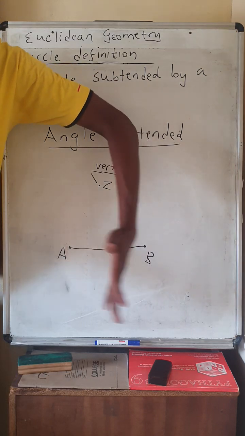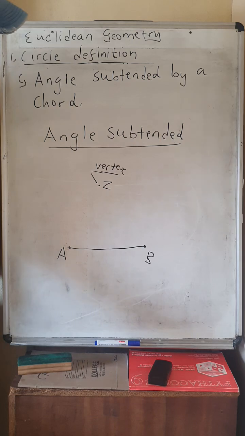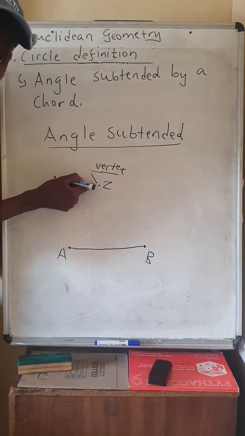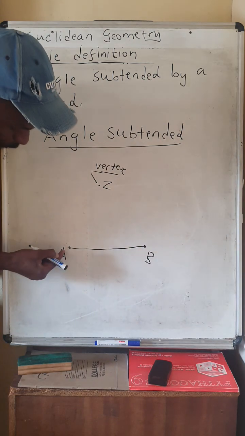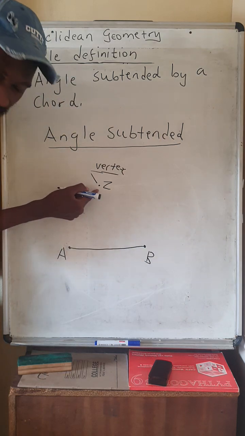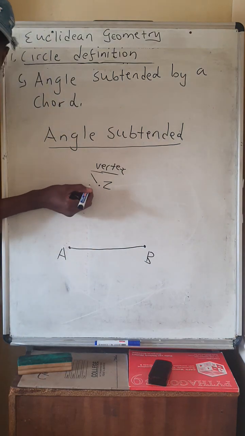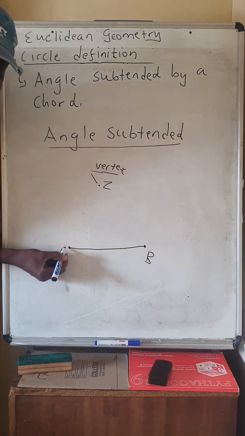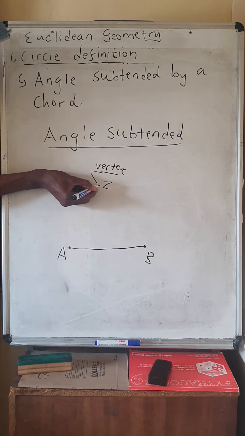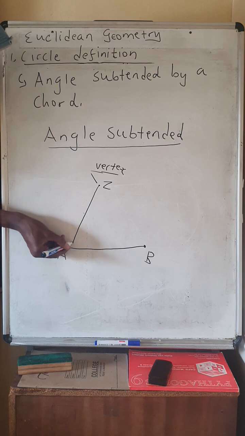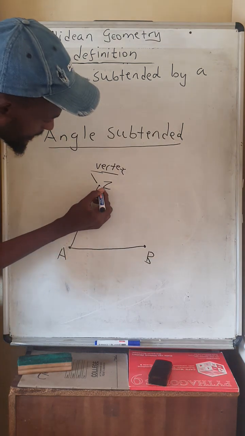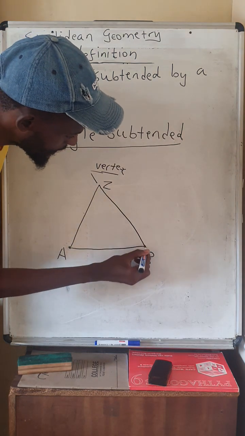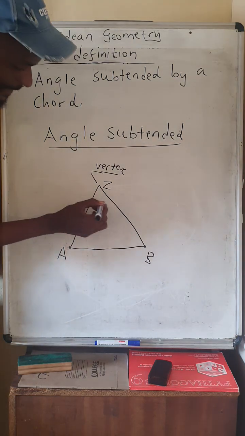The start and the end are the endpoints of a chord. So if I want line segment AB to subtend angle Z, it means the arms of angle Z must touch A and B. So I'm going to draw the arms. This is the first arm. And then here's another arm.